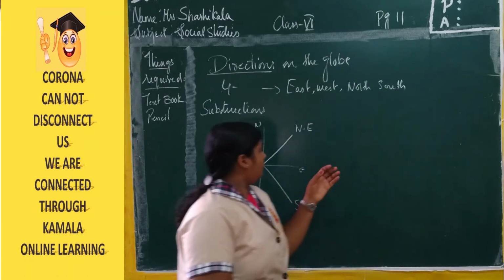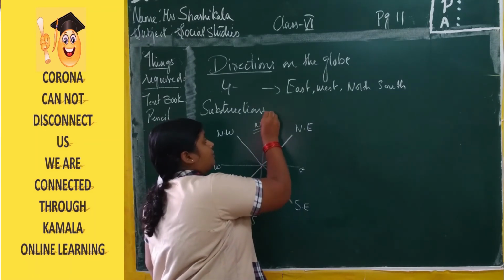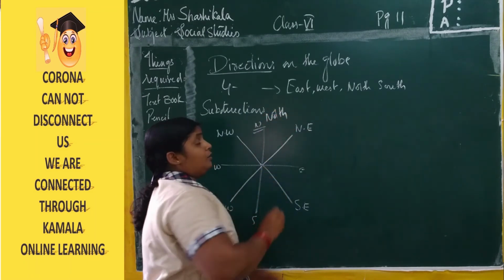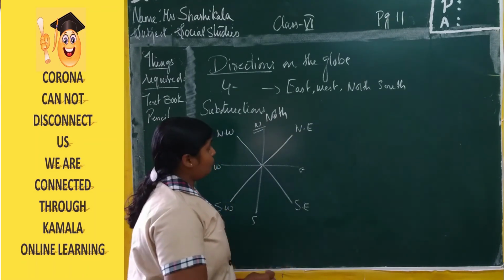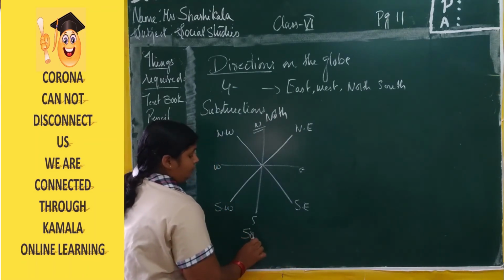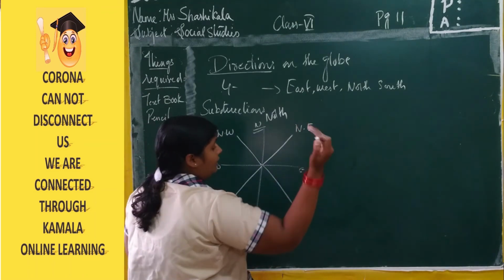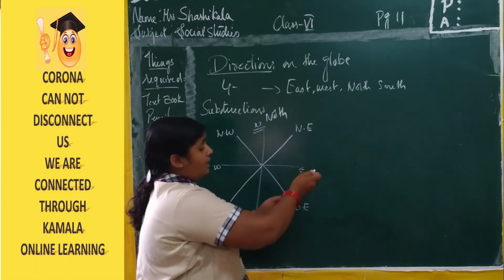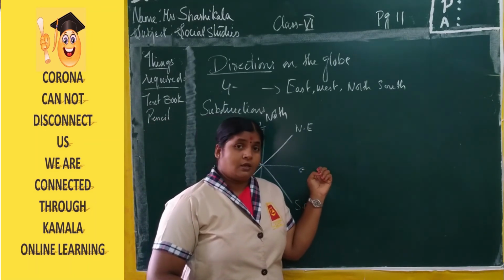So here the north will always be on the top, and the opposite direction of the north is the south, and the south position is at the bottom. My right hand is showing the east when I face north, and when I am facing towards you, my left hand is showing the east.